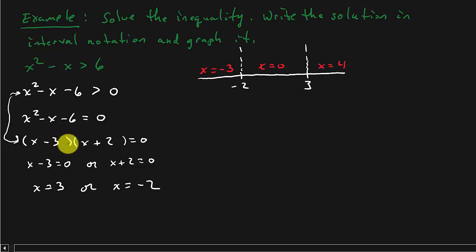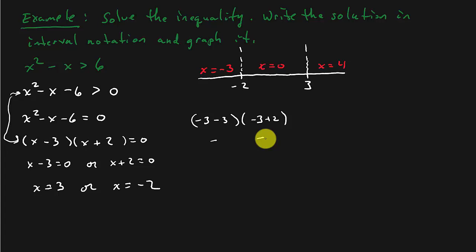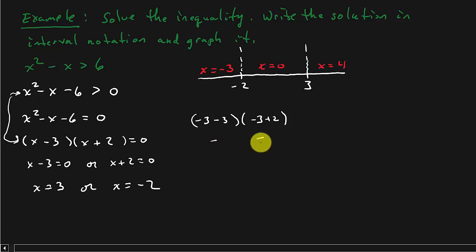Now, look at this. If I take the negative 3 and plug it in for x, that's negative 3 minus 3 times negative 3 plus 2, right? Now, do you agree that whatever I get here, that's negative? It's negative 6, right? And whatever I get here is negative, it's negative 1. But I don't care about the negative 6. I don't care about the negative 1. All I care about is it's negative and negative.